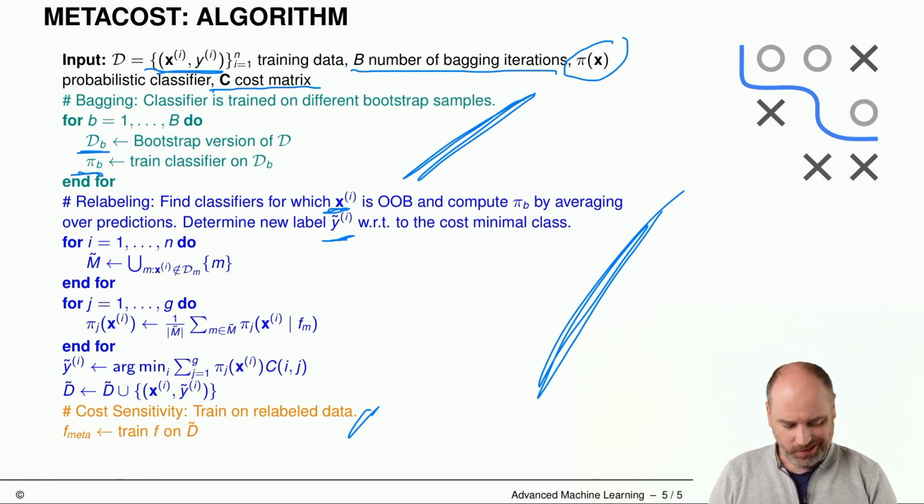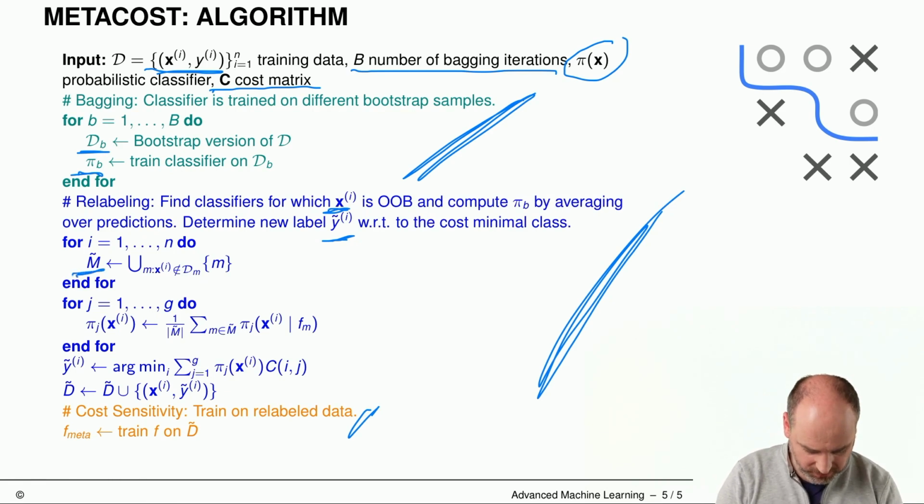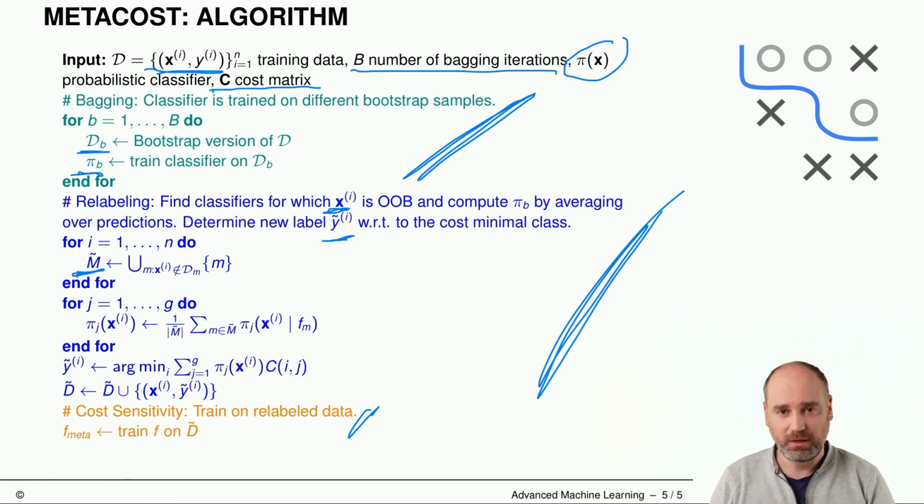In order to reduce the chance of overfitting, for each observation I will compute the vector of indices m tilde over all of my bootstrap classifiers where this xi is actually out of bag.